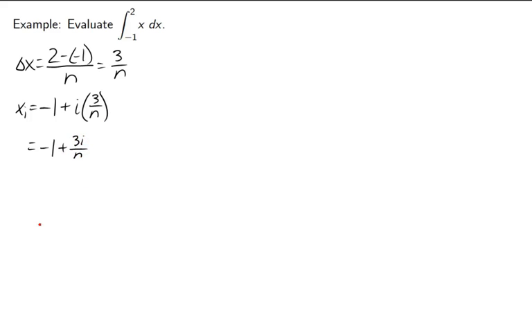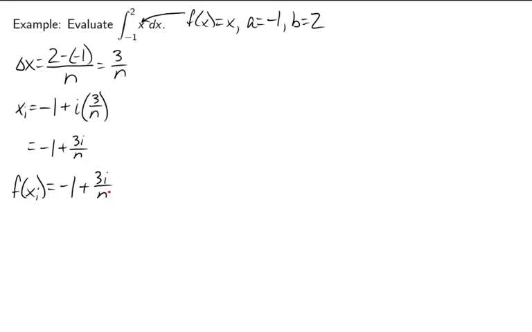That's our xi. And so then what I want to do is, let's take a look at f of xi. Well, f of x is just x. So let me make a comment of that. Let's even write all this stuff. f of x equals x, a equals negative 1, and b equals 2. So if I plug this in for x, I just get the number right back out. That's kind of handy.